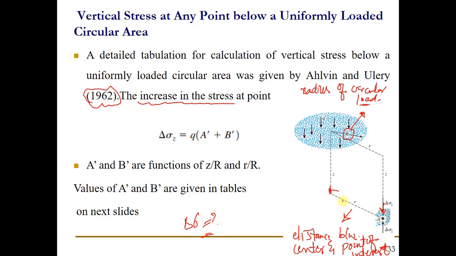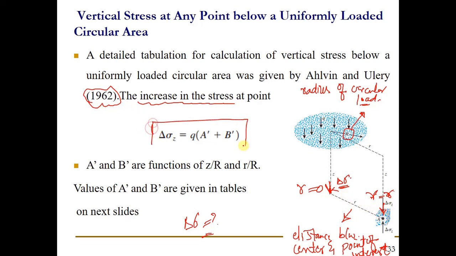If it's here, and as I mentioned earlier on, r can be equal to 0 if we are finding delta sigma here, and r will be equal to any value if you want to find out the delta sigma at this particular point.